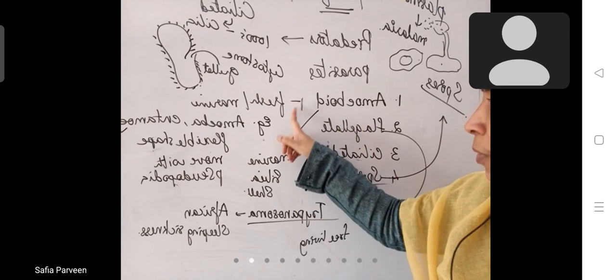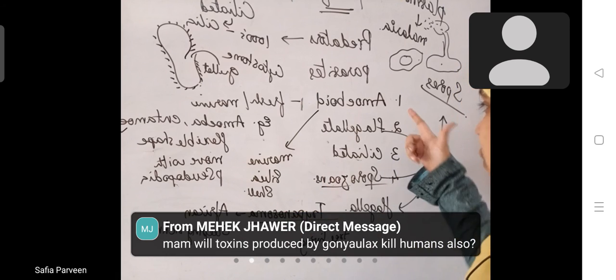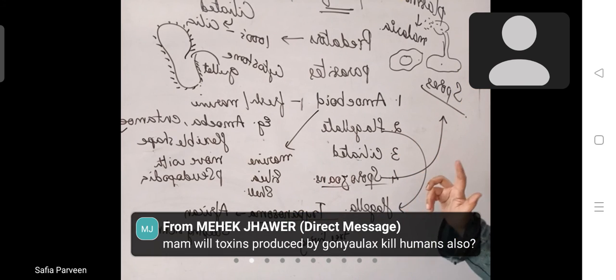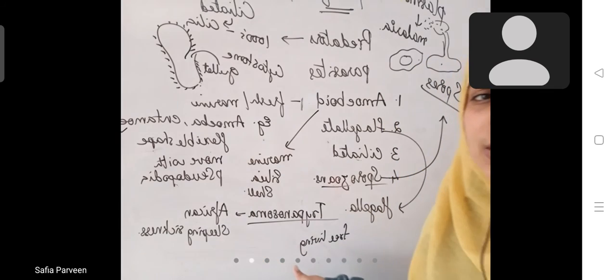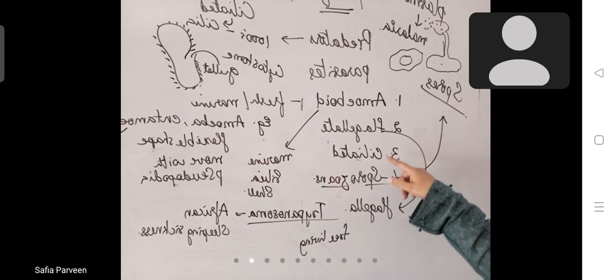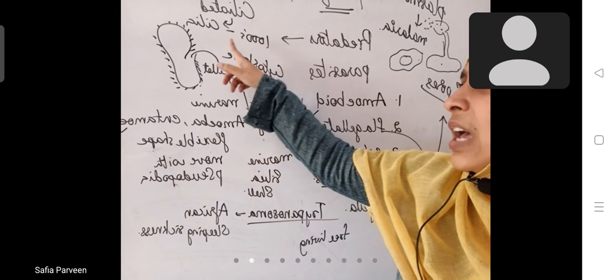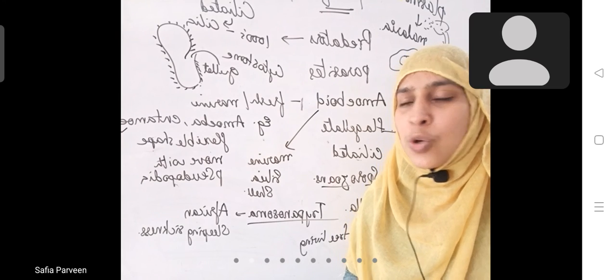Amoeboid, some of the marine amoeboids have a silica shell around them. That is about amoeboid. Flagellates have flagella. One example is Trypanosoma, which causes African sleeping sickness. Some of them are free living also. Ciliated have cilia, and the cilia help in movement and also in collecting food.